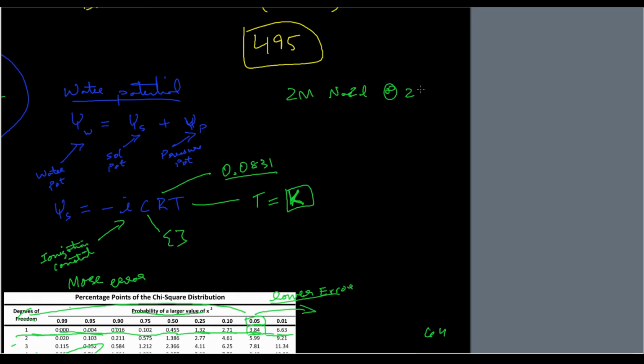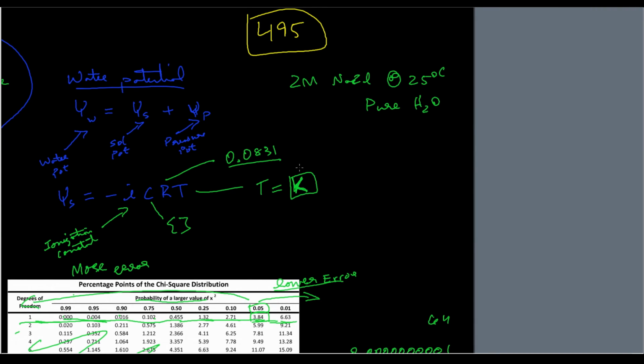Okay, so let's go ahead and plug it into the solute formula. Since it's NaCl, an ionic compound, we'd have to use 2 for i. The molarity is obviously 2 again, because we got it right there.